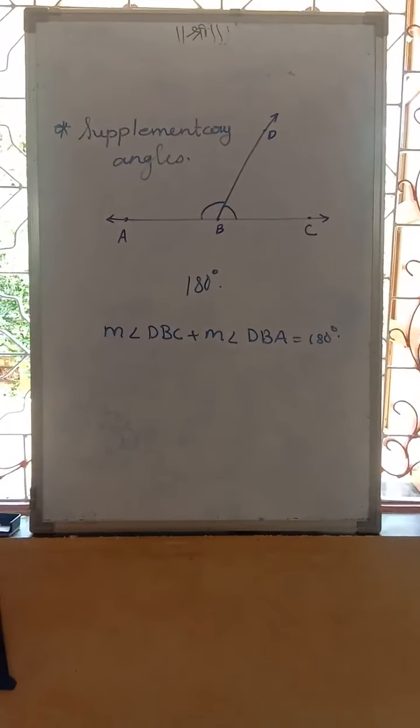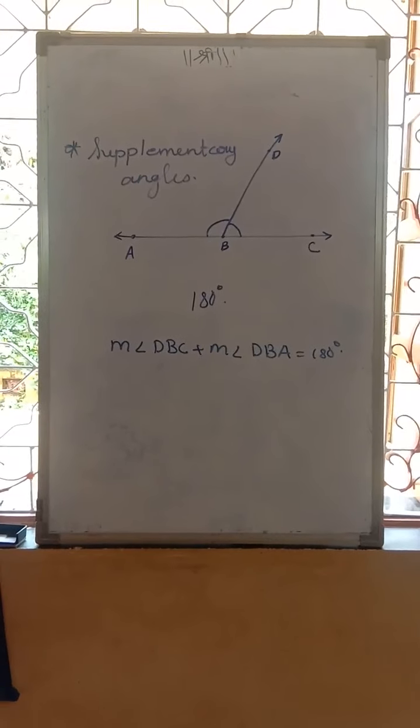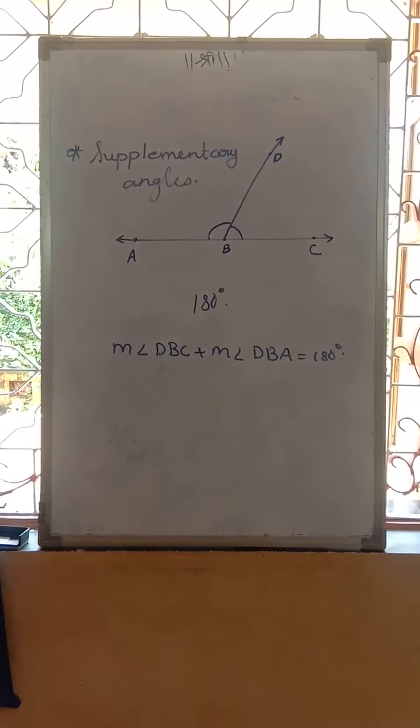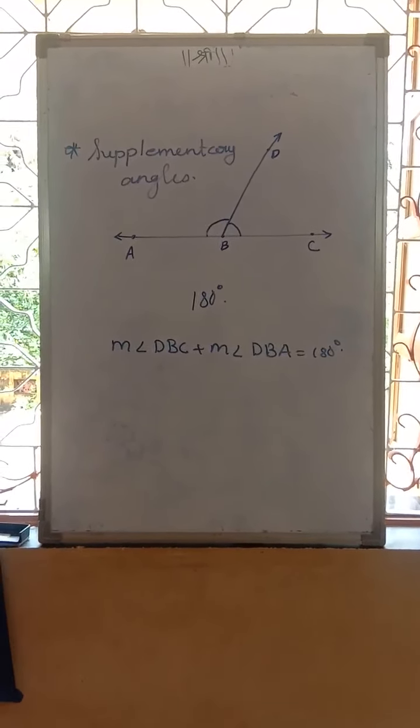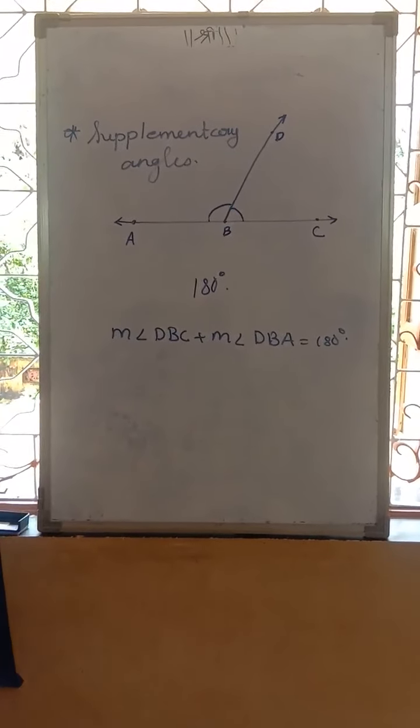If the sum of the measures of two angles is 180 degrees, such angles are called supplementary angles. So what is the definition of supplementary angles? If the sum of the measures of two angles is 180 degrees, they are known as supplementary angles.